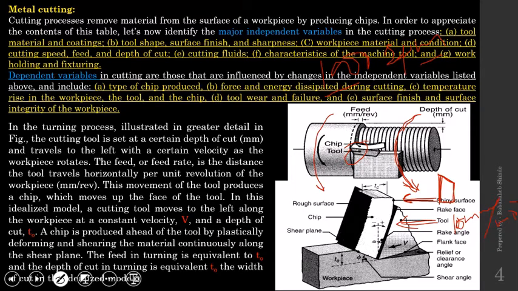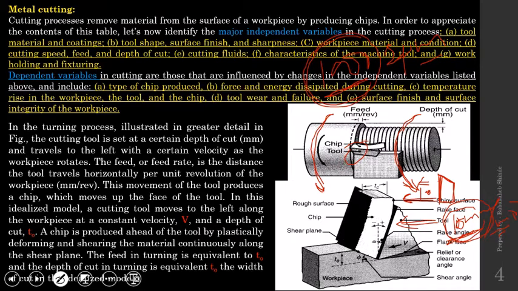Okay, so the workpiece is rotating at a rate of 1000 revolutions per minute, and the cutting tool is moving towards left at a rate of 10 millimeters per minute. It means in 1 minute the cutting tool will travel a distance of 10 millimeter, whereas the workpiece is rotating 1000 times. So I need to correlate this distance traveled, 10 millimeter, and the number of revolutions.